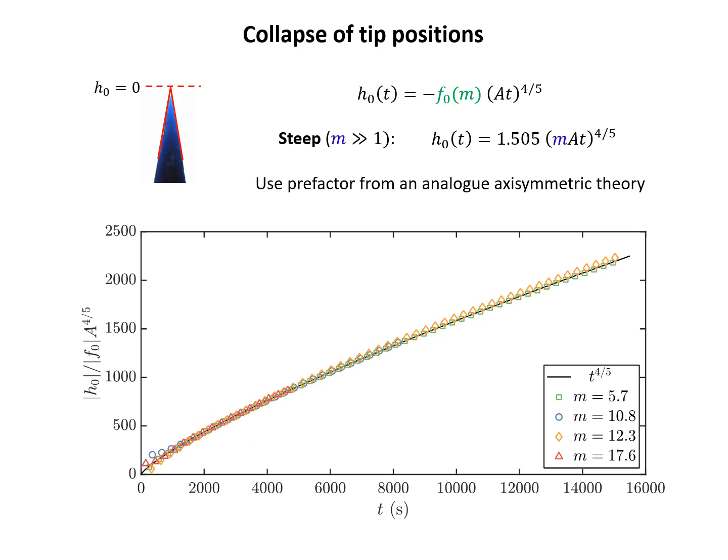When we rescale our 4 experiments, we find that there is an excellent collapse. So here, notice that the F0 comes from the theory, the A we measured from experiments, so this involves no fitting of any of the parameters.